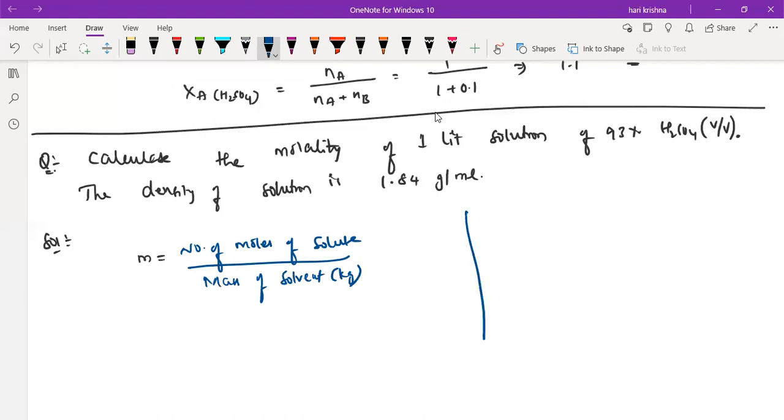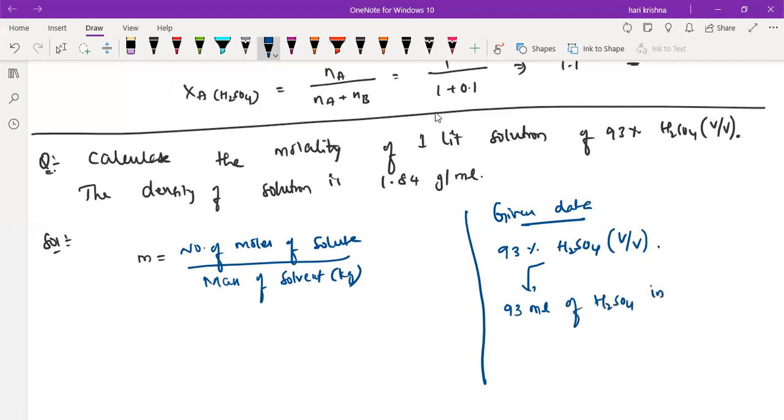Okay, now what is given data here? 93% H2SO4. That is volume by volume, right? That means 93 ml of H2SO4 in 100 ml of solution.